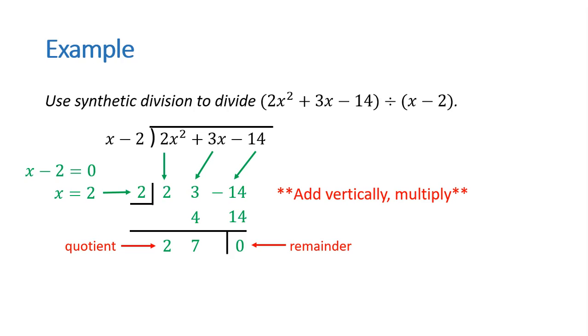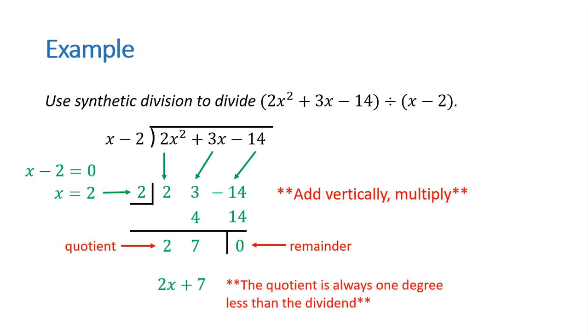So of course we have x's. The x's need to come back somehow. This is when the x's are going to come back. So the actual quotient for the problem, which we discovered before, is 2x plus 7. Well, how do we know what x is to put back in, what the exponent should be, etc.? The quotient is always going to be 1 degree less than the dividend. So our dividend is degree 2, our highest exponent is 2.